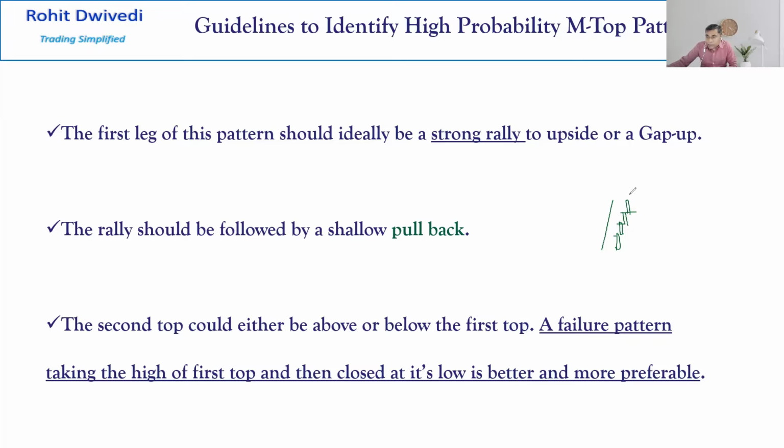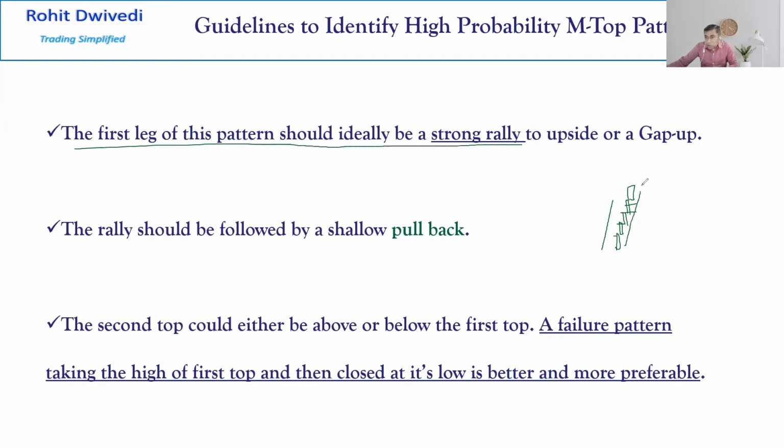Which means that there is no bar retracing the previous bar more than the upper one-third, and they just keep on moving, right? So the first leg of this pattern should ideally be a strong rally.